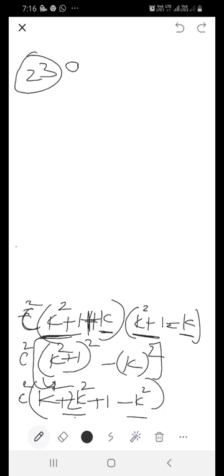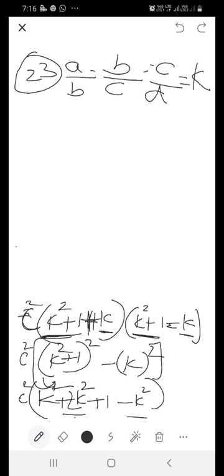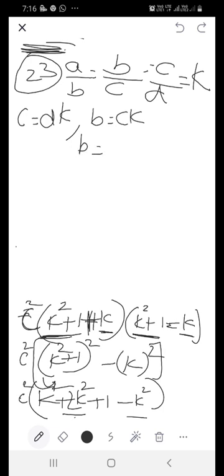A upon B is equal to B upon C is equal to C upon D is equal to K. By writing let, you have to write over here let. C becomes equal to DK, B is equal to CK. So for C, replace this C by writing its value as DK.